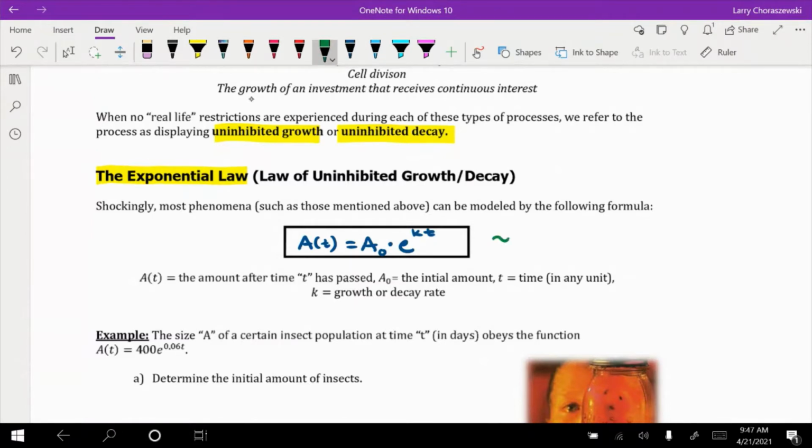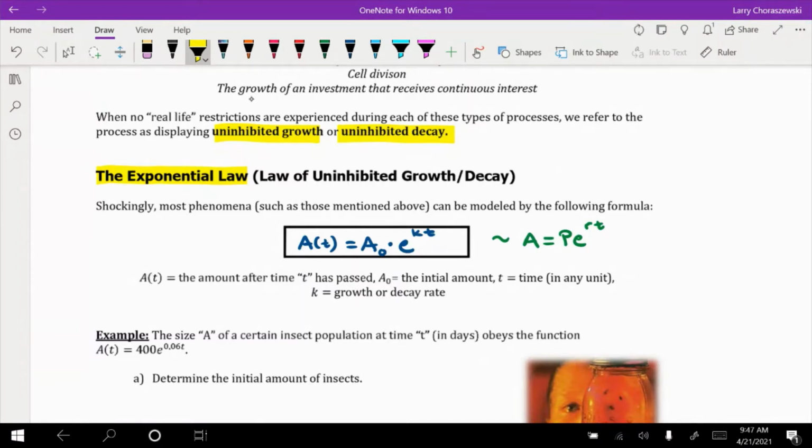And I want to note that this is very similar to the formula for continuous interest. The only differences are what we're naming the initial value and what we're naming as the rate.